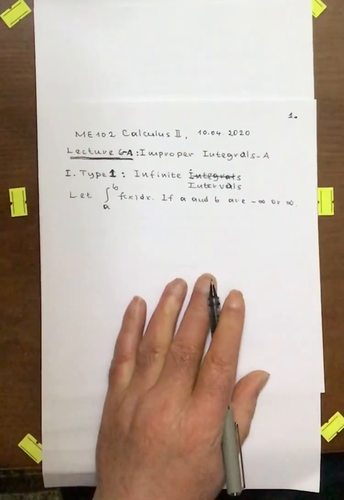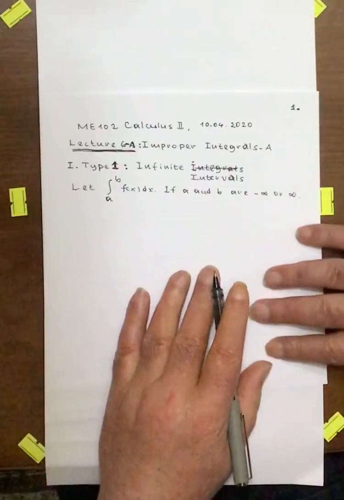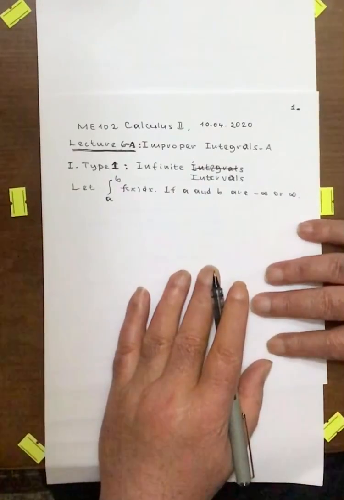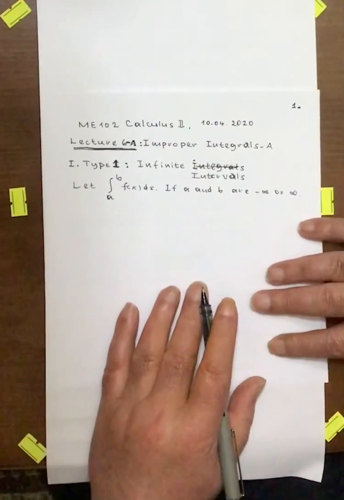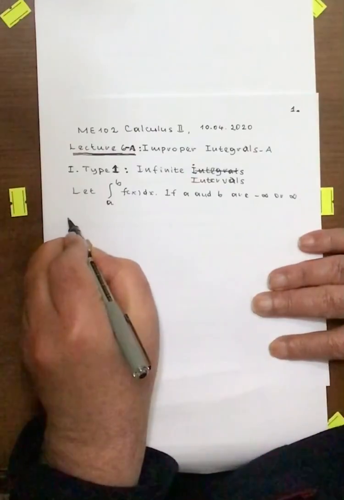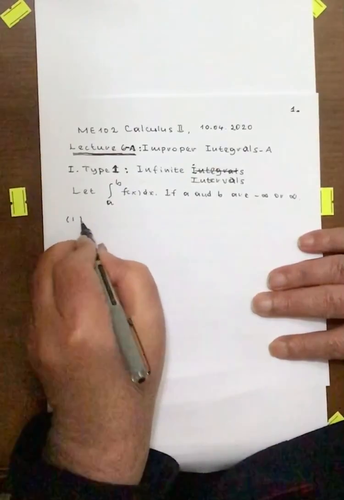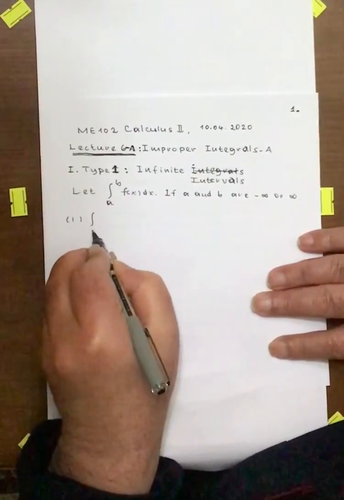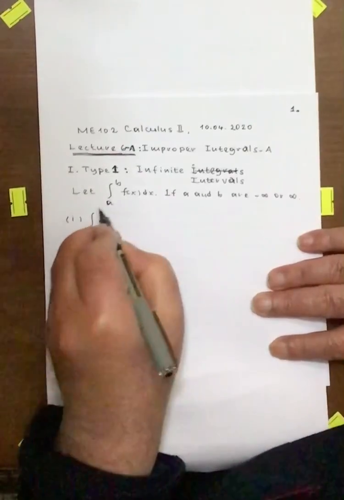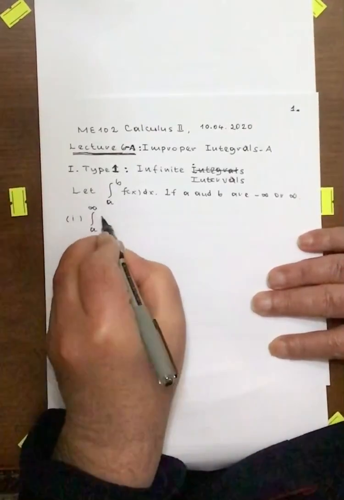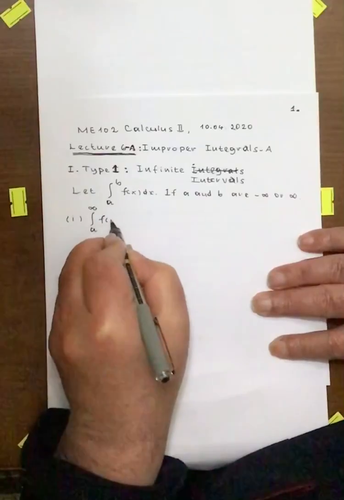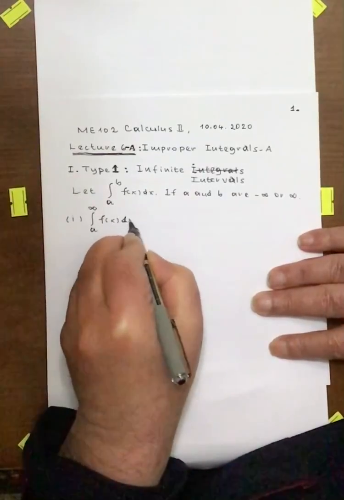Okay. Now we have 3 types of infinite intervals. First one is from a to infinity integral f of x dx.